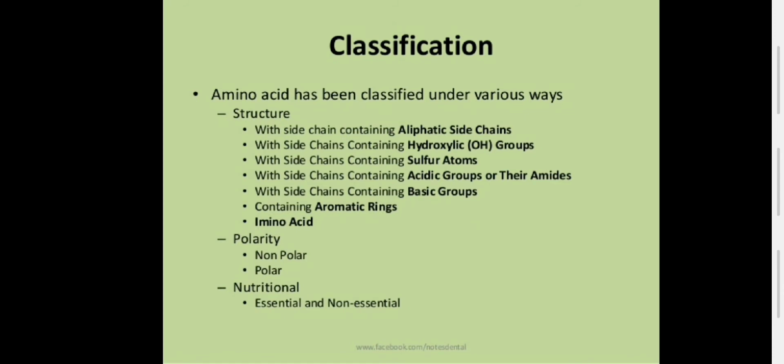Next, we have the classification of the building blocks of protein, the amino acids. Amino acids are classified in various ways according to structure: with a side chain containing an aliphatic side chain, or a hydroxylic group, or sulfur atoms, or an acidic group or their amides, or basic groups, or lastly, aromatic rings.